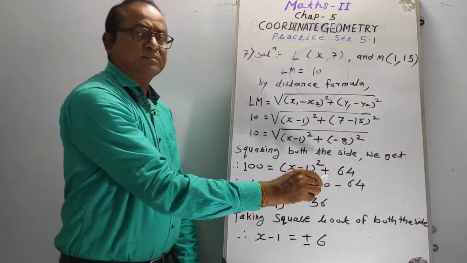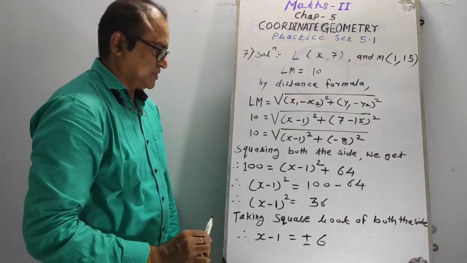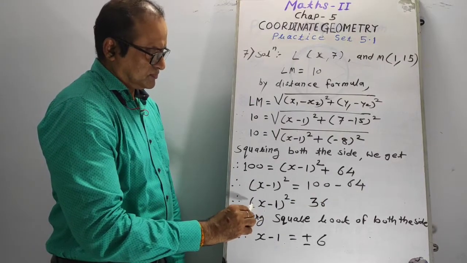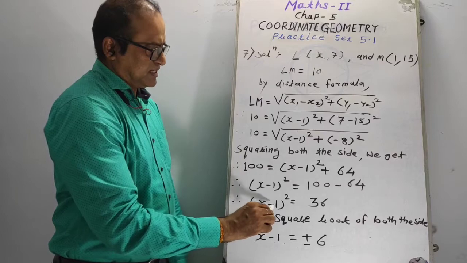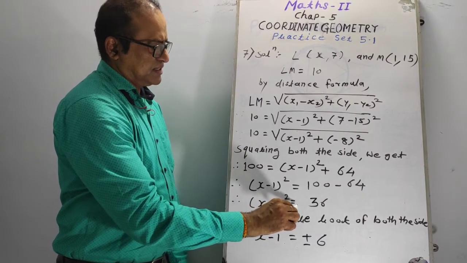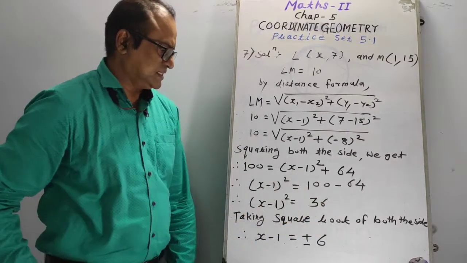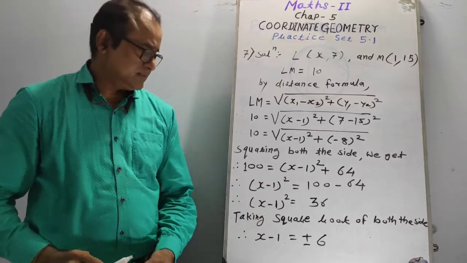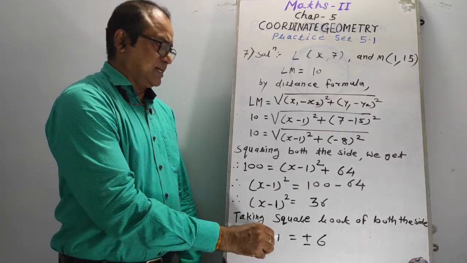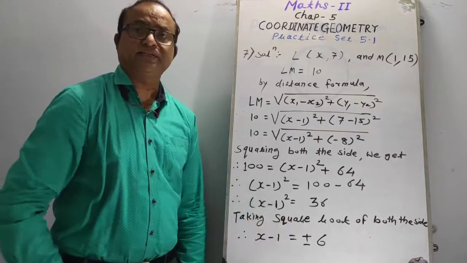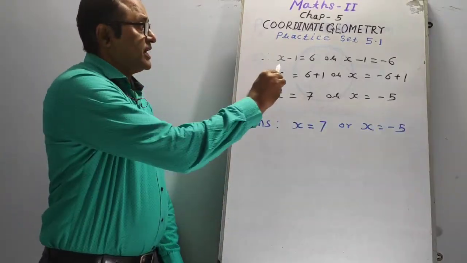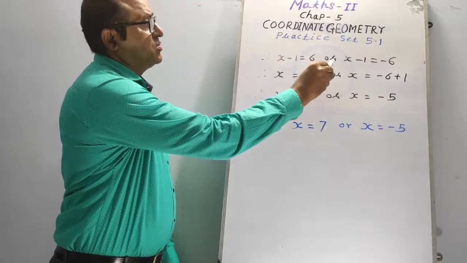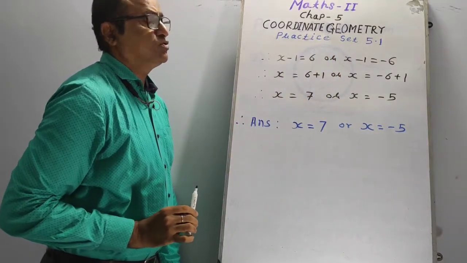After transferring the term, the sign gets changed. Therefore, (x minus 1) square is equal to 36. Taking square root on both sides, x minus 1 is equal to plus or minus 6. Therefore x minus 1 is equal to 6 or x minus 1 is equal to -6.